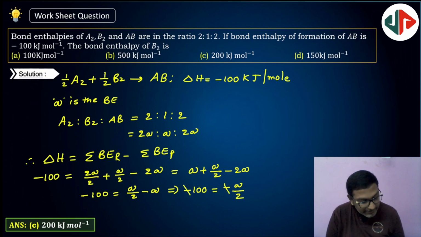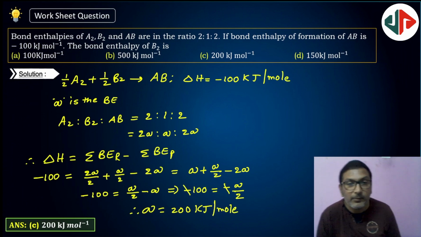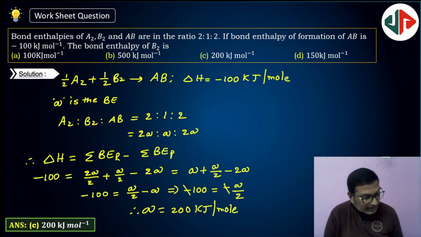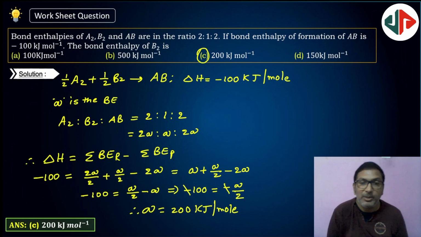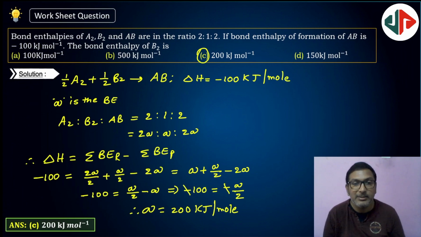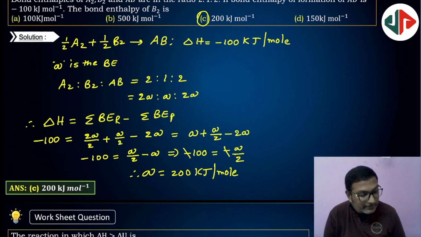Minus minus gets cancelled. Therefore, A equal to 200 kilojoules per mole. So bond energy is 200, which is C. Very, very important model. In case of bond energies, delta H equal to summation of bond energies of reactants minus summation of bond energies of products we can write. Next question.